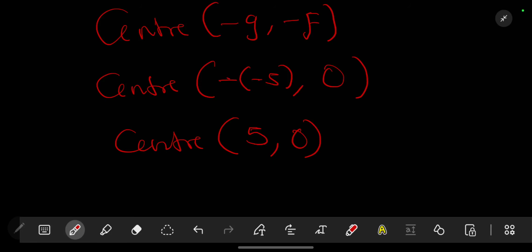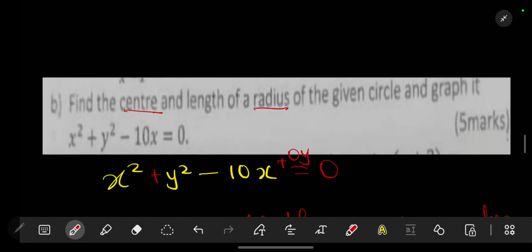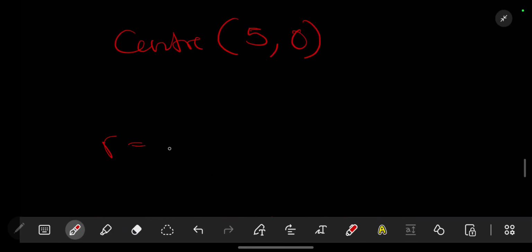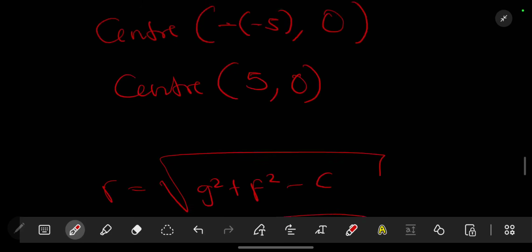Now we are required to also find the radius. To find the radius, the radius r is equal to the square root of g squared plus f squared minus c. What is our g value?